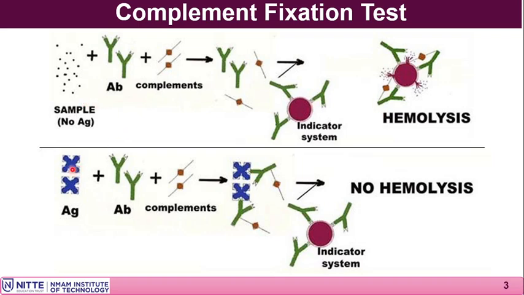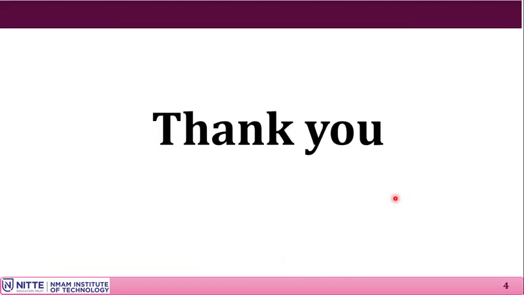If the test sample is positive, meaning it contains the antigen or the antibody, the sheep RBC will remain intact and there will be no hemolysis. It's a very simple test to detect the antigen-antibody complex. Thank you.